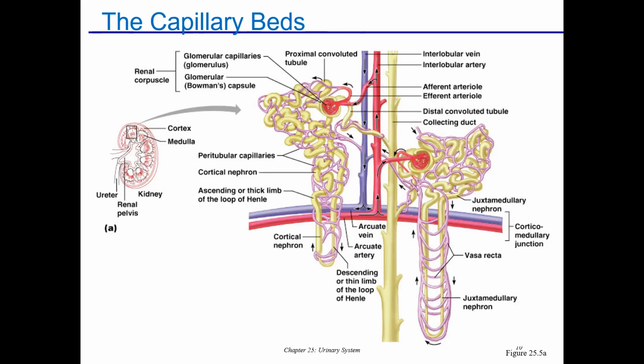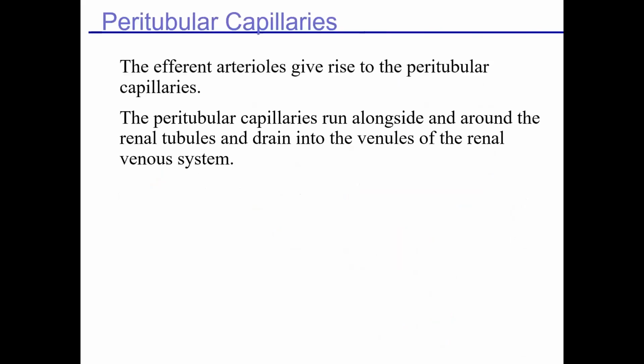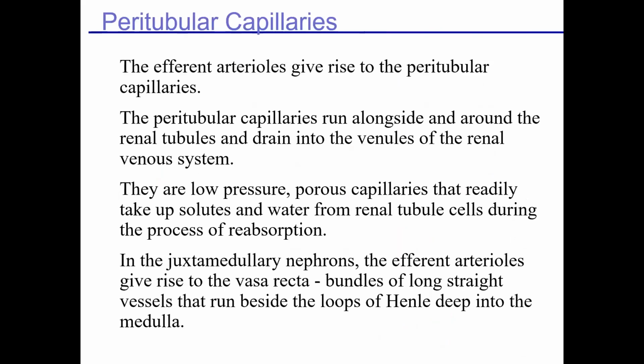We get about 60% at the proximal tubule, about 30% in the loop of Henle. We get a lot more salt out of the loop of Henle too. It all has to go back into the plasma. So, the peritubular capillaries and the vasa recta.